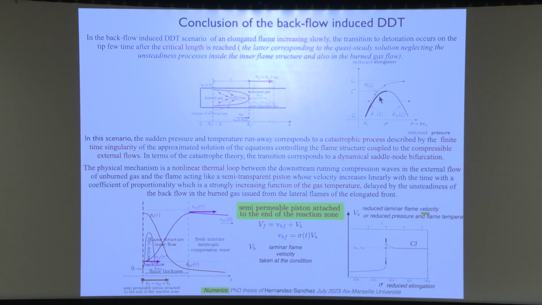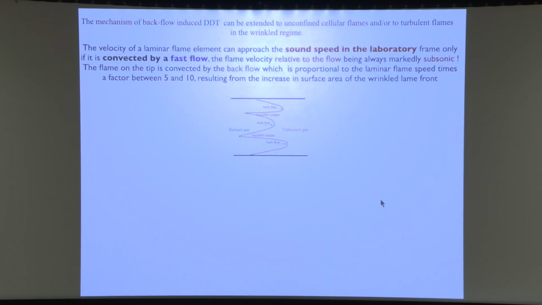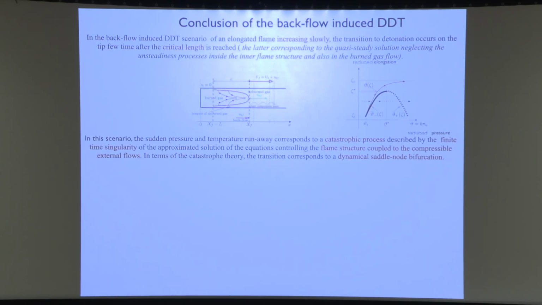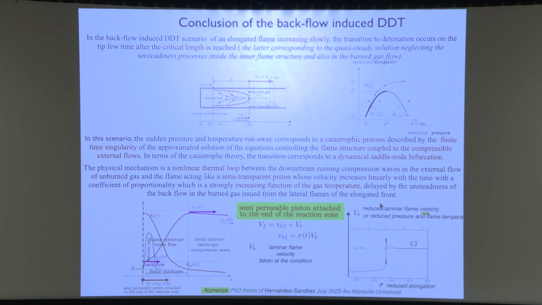The departure is not very large, and then suddenly, when you approach, this is the numerics, you have a strong acceleration, a diverging acceleration. Here you see the velocity increase in a very reduced time, in very small time. This is the beginning of the singularity at finite time.